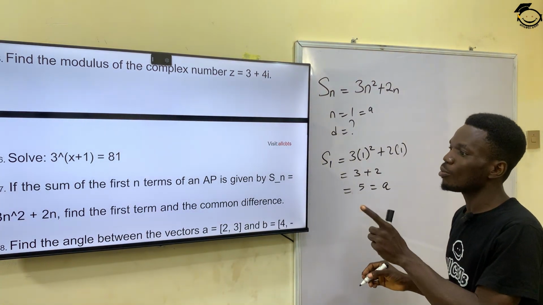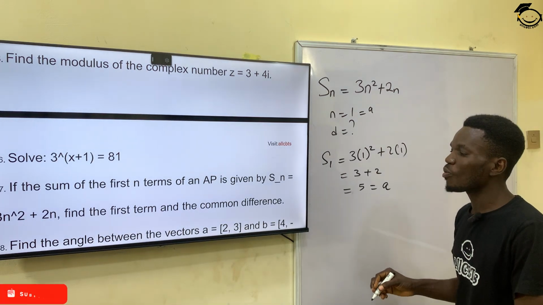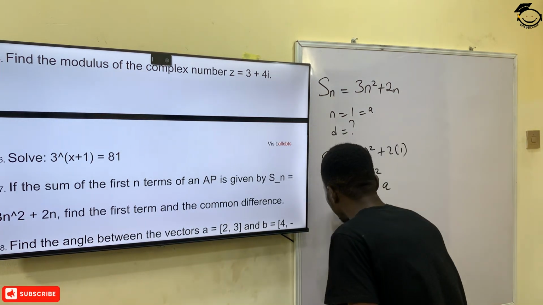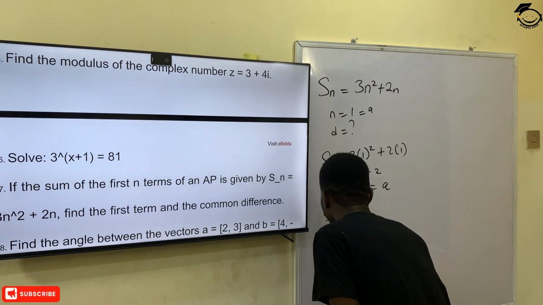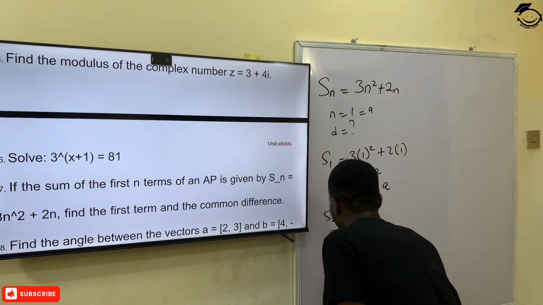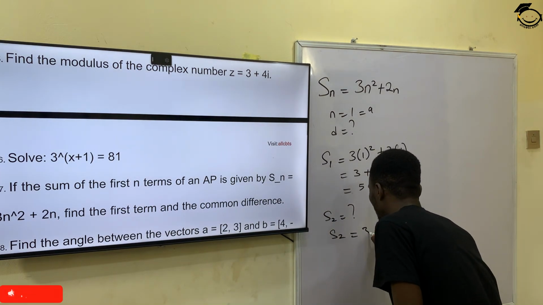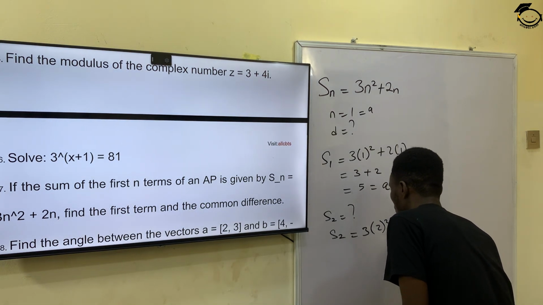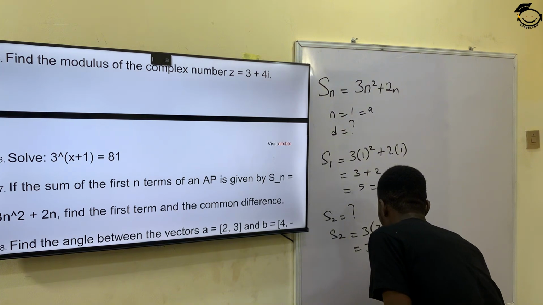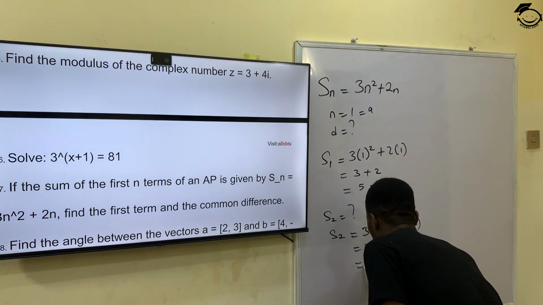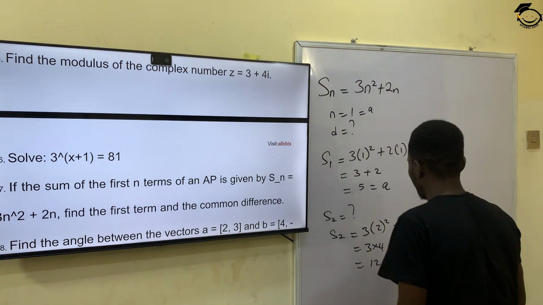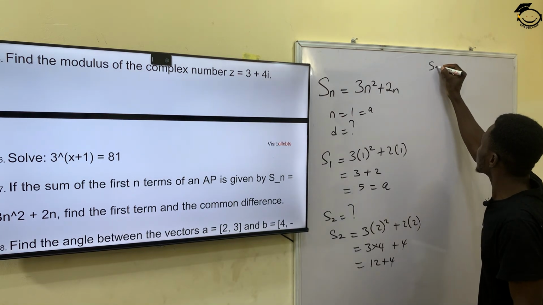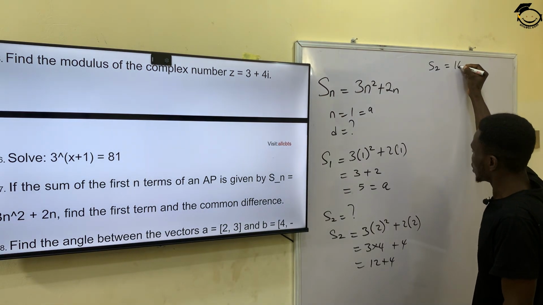But for us to find the common difference, we have to first find the sum of the first two terms. So the sum of the first two terms, that's what? S2 is unknown. So it means that my S2 is equal to 3 open bracket 2 squared plus 2 open bracket 2. And that will give me 3 times 4 plus 4, and that will give me 12 plus 4. It means that the S2 is going to give me what? 16.